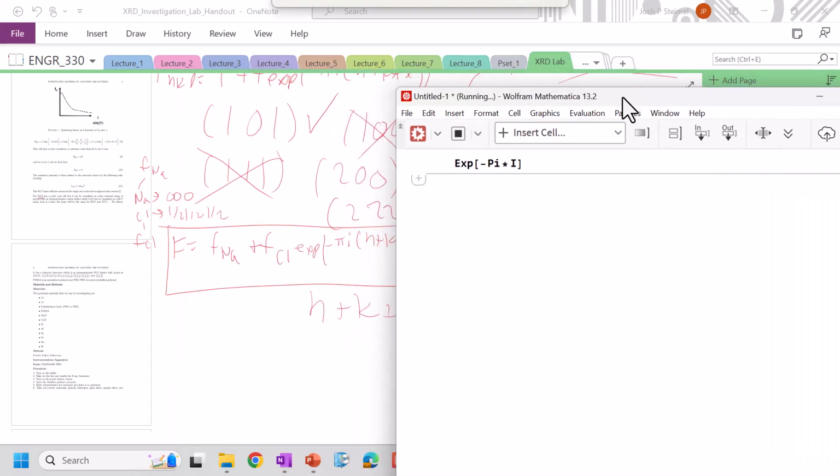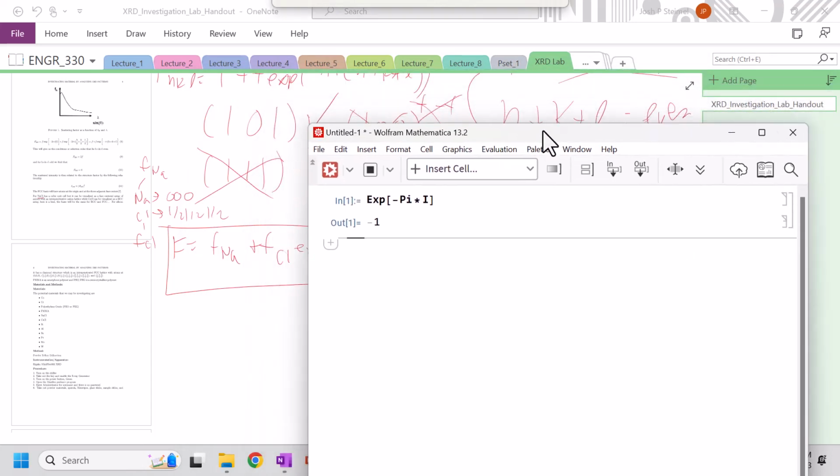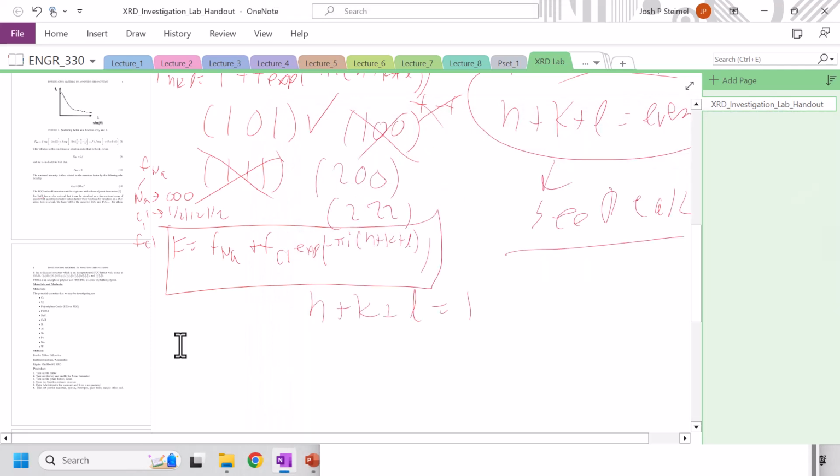One of the things you can notice already is that for our selection rules, that would be -1. So if h plus k plus L is odd, we are going to see f Na minus f Cl. If h plus k plus L is even, then we will find f Na plus f Cl.